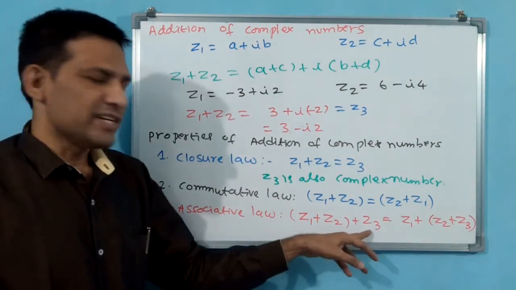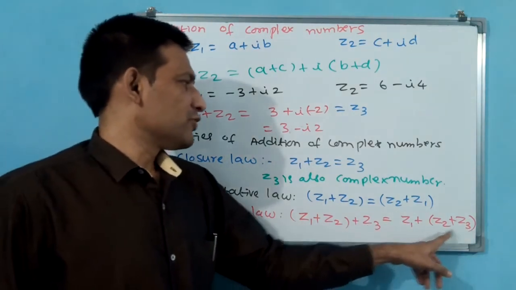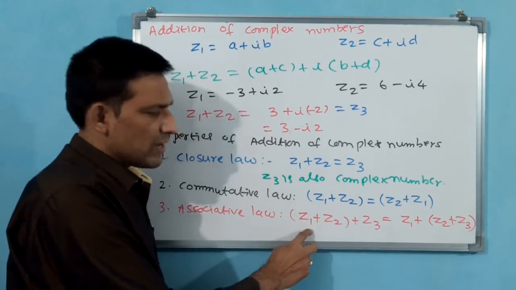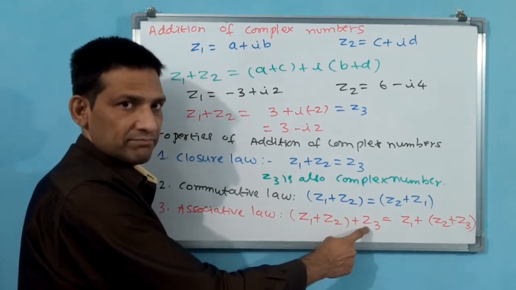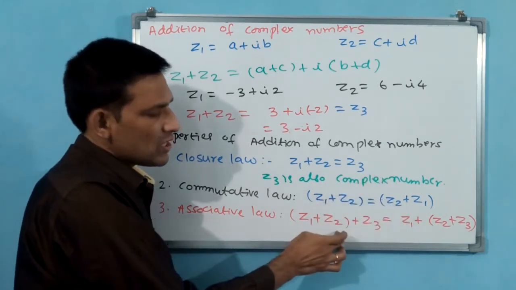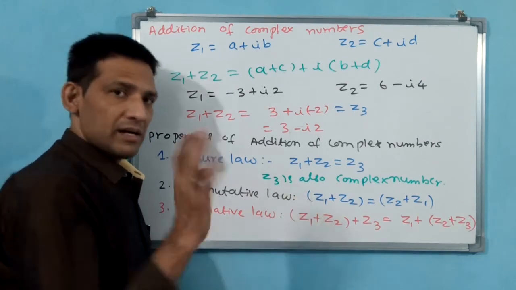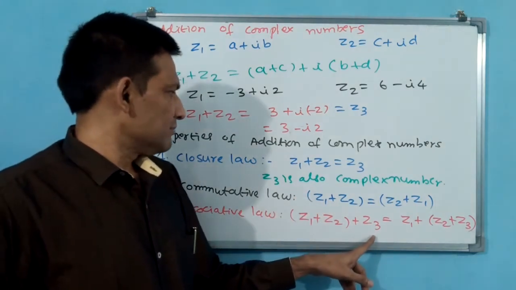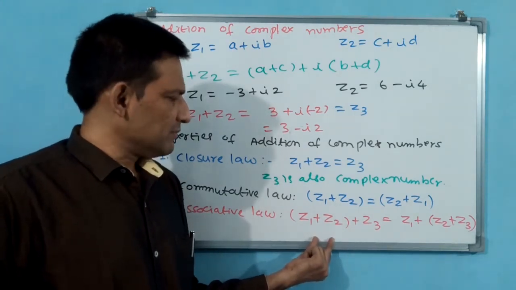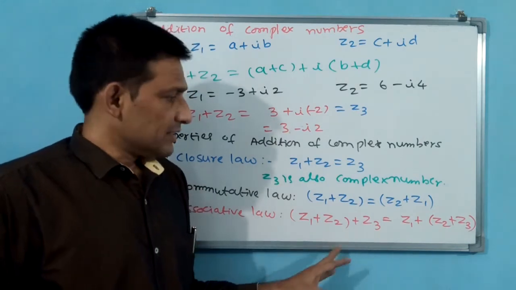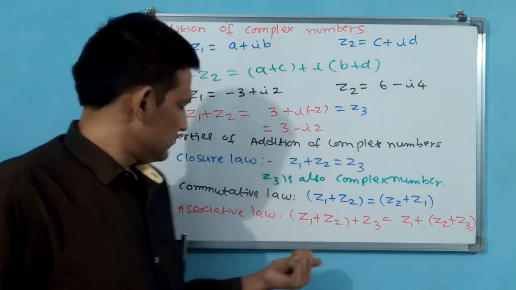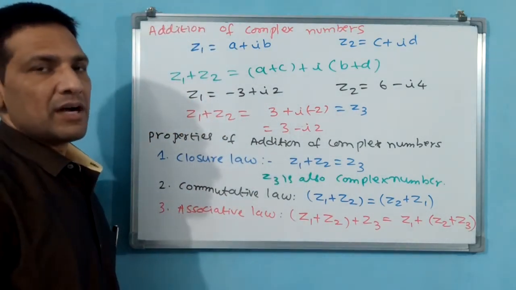Z1 plus Z2, plus Z3, is equal to Z1 plus, Z2 plus Z3. You understand? Both are different. First you add Z1 plus Z2, and the resultant value you add with Z3. That is why here don't write Z3 for the result, you are going to get confused. Z1 plus Z2 has come, some other number, say Z4, and if you add Z4 with Z3, the same number is going to come even if you add Z2 and Z3 first, then Z1. This is going to be called associative law.